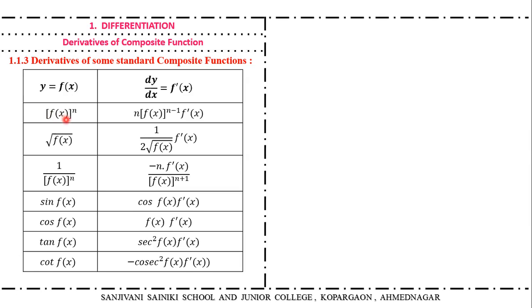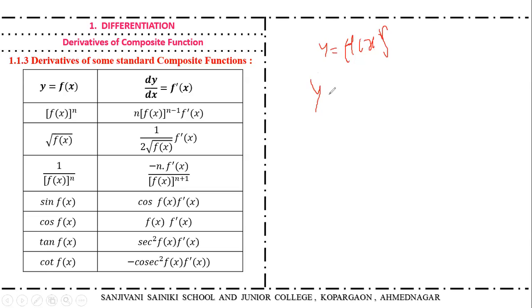Okay, so f of x raised to n, its derivative is given by n times f of x raised to n minus 1 times f dash of x. Now, how does it come? I will show you for this. Say y is equal to f of x bracket raised to n.